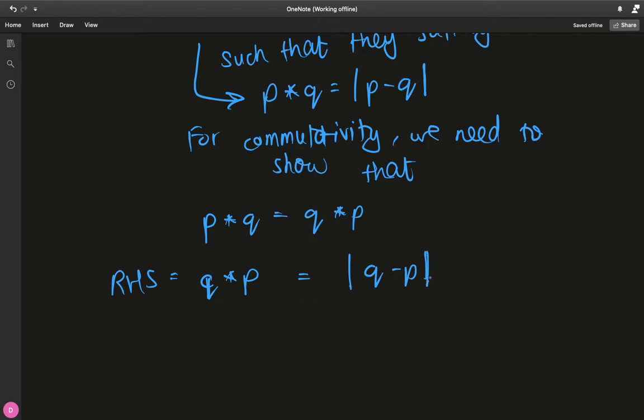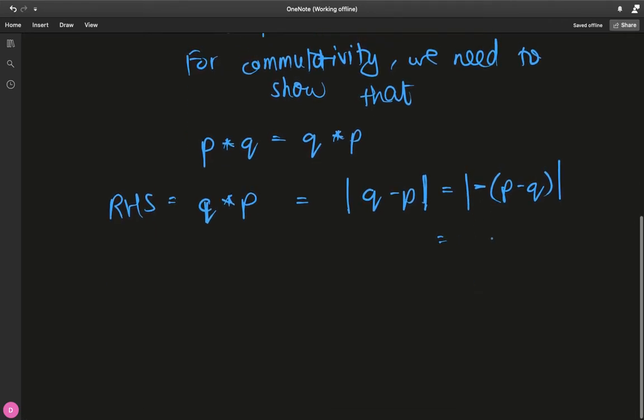Now what I can do is factorize a negative up front and then flip this order to make it P minus Q. But since we have a negative inside an absolute value, it doesn't matter what we have inside the absolute value. It can be a positive number, a negative number. The absolute value just sucks up the negative.